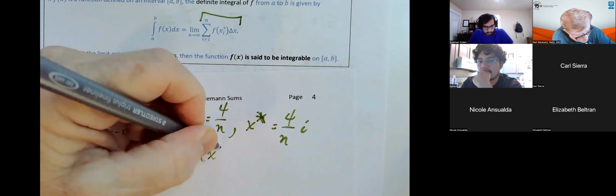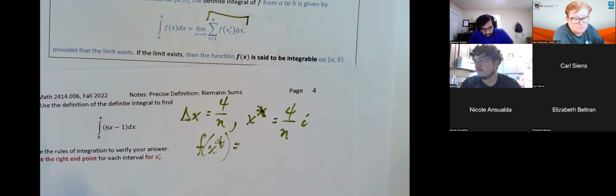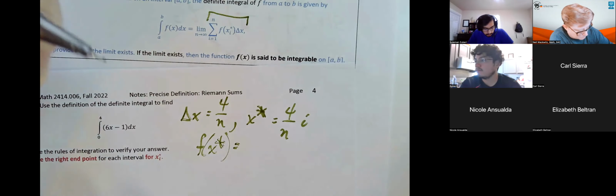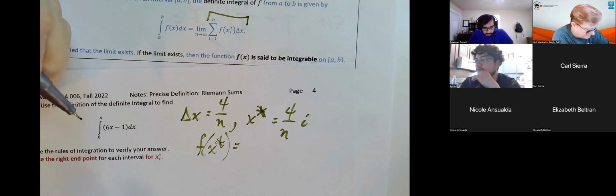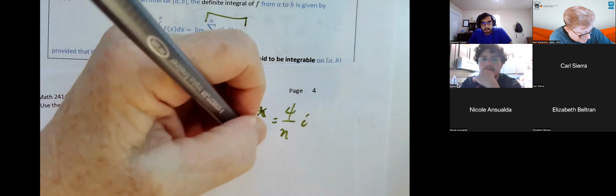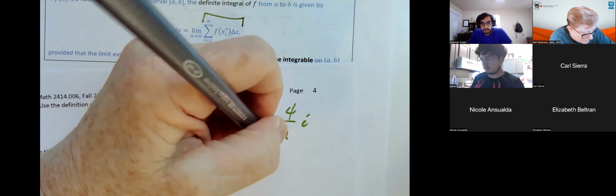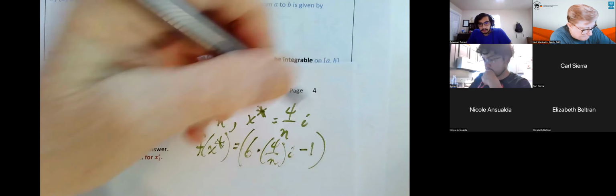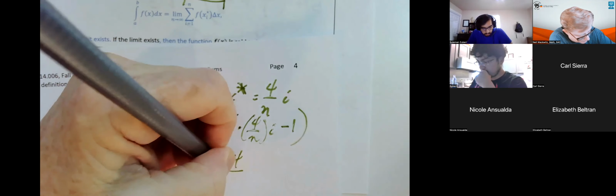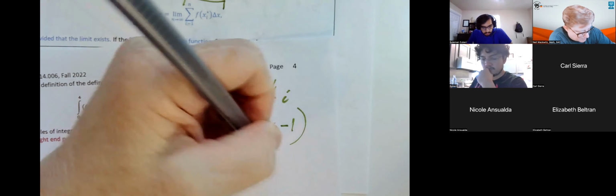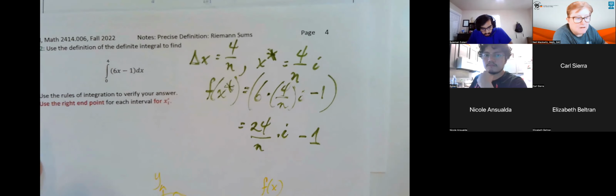And f of x star? 24 over n times i minus 1. Let's write it in 2 steps, but exactly right. 6 times 4 over n i minus 1, and that is 24 over n times i minus 1.